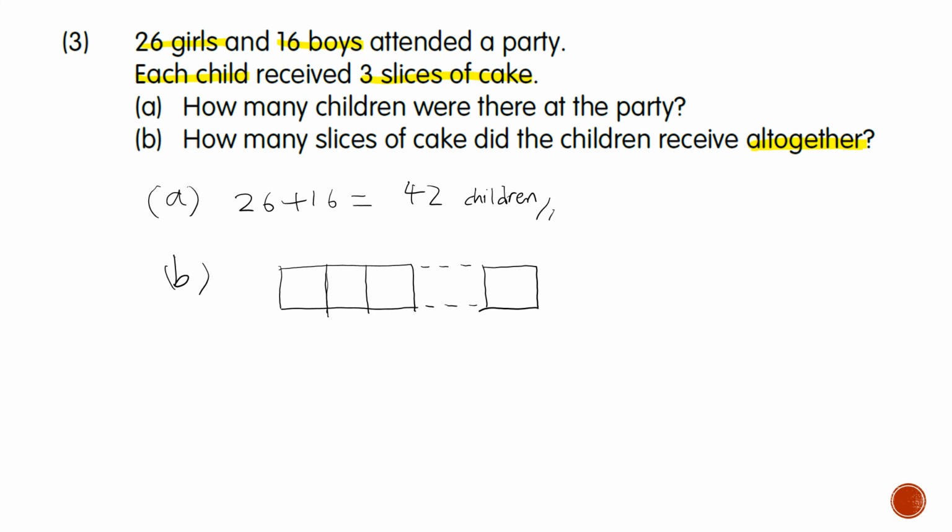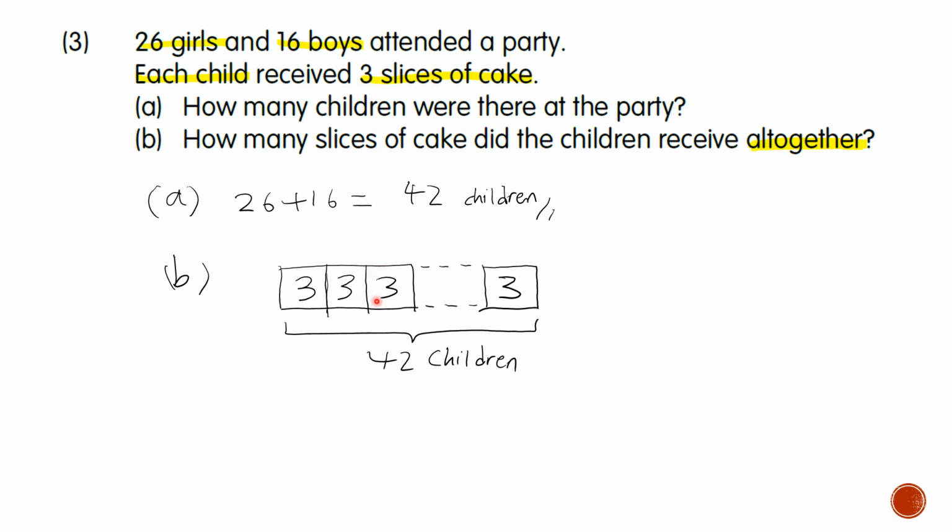So what you can do is to show that each box or each child gets 3 slices of cake. You see, each box represents one child, and over here there are 42 children. You see what I just did? So I showed that there are 42 children. Now, what is a child in this case? This box represents a child.